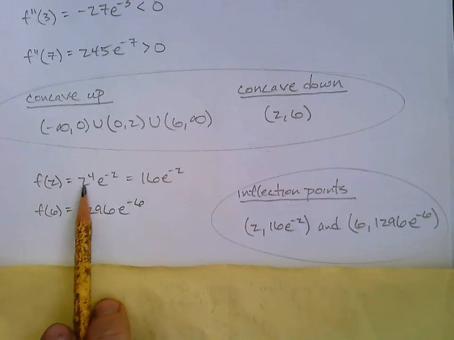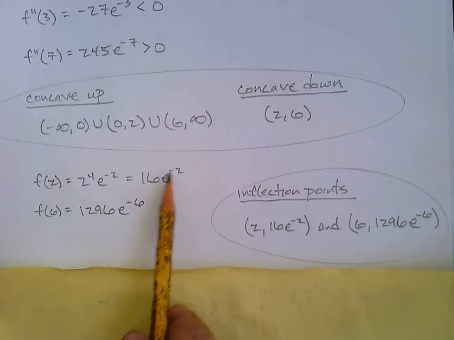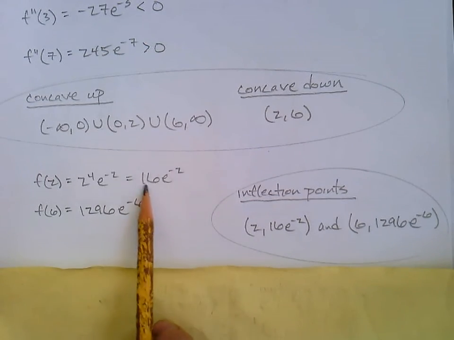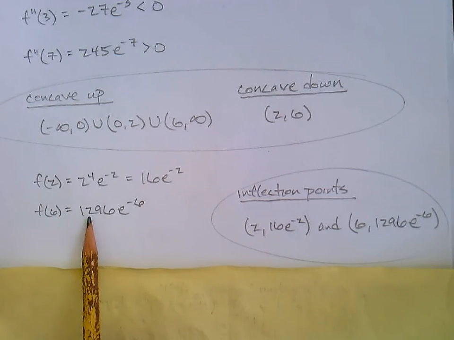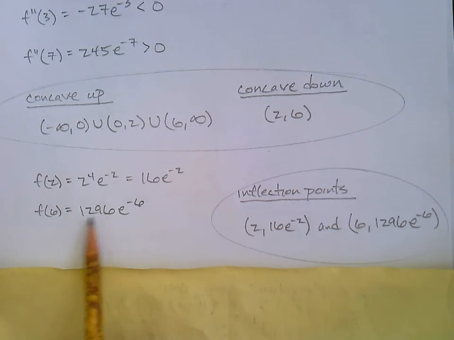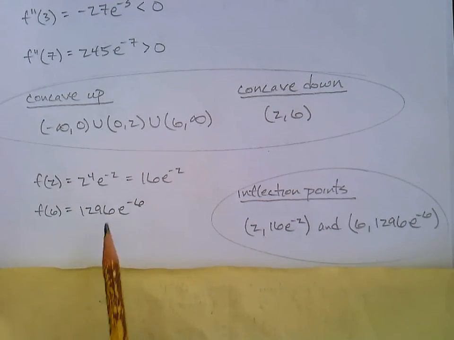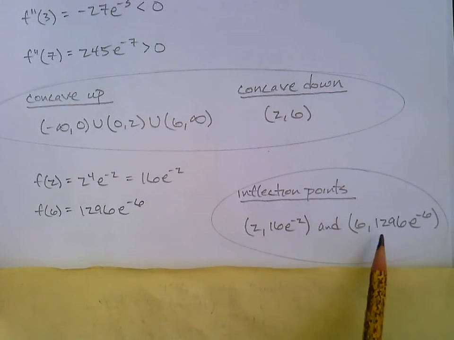So plugging in the 2, you'll end up with 16 e to the negative 2. You can just leave it like that. Don't bother rounding. I like this. How about the 6? Well, 6 to the 4th is 1,296 e to the negative 6. So those are inflection points. 2, 16 e to the negative 2, and 6, 1296 e to the negative 6.